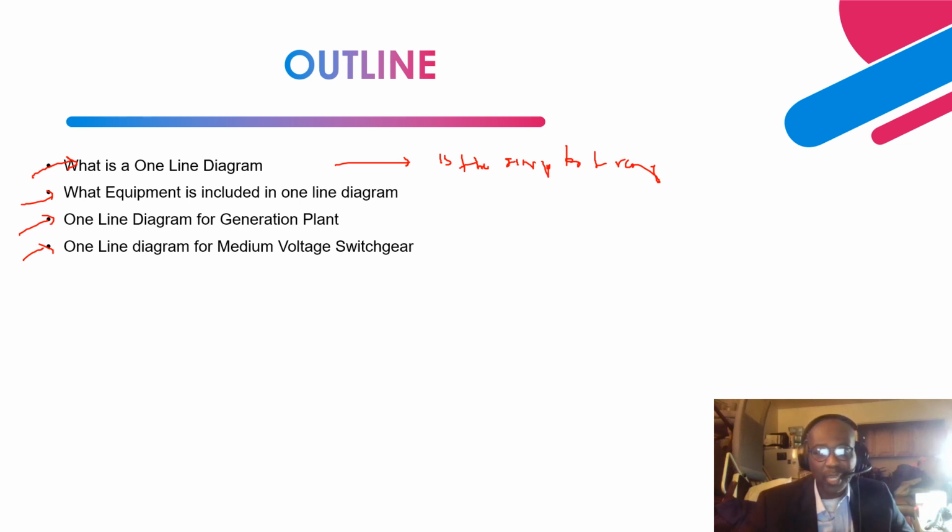On the three-line diagrams, we'll start from the generation point, up to the substation, and from the substation up to the medium voltage level. Then scale back to low voltage level. Then I'll do a last presentation, which is how to read wiring diagrams that pertain to a generation facility, medium voltage facility, and low voltage facility.